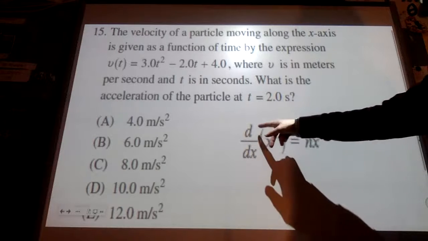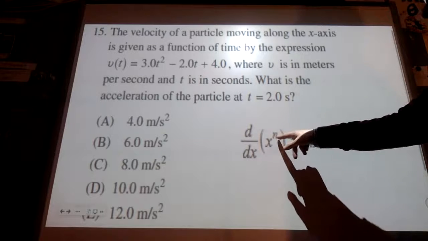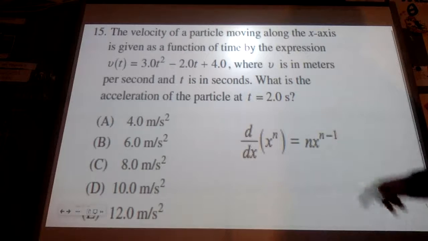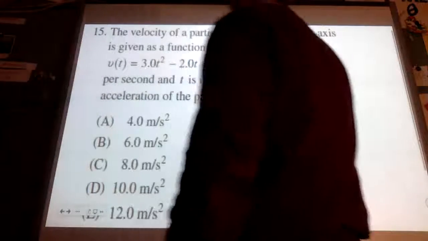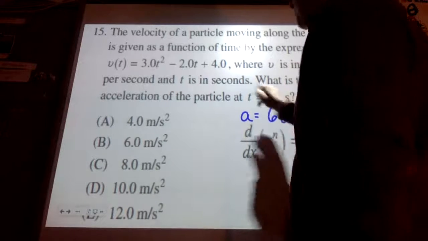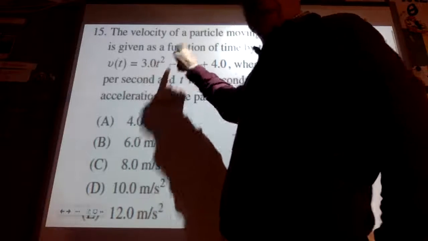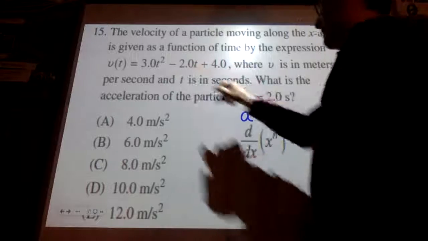And so when we take the derivative of x to a power of n, this is equal to n times x to the power of n minus 1. So applying this to my velocity, I get that my acceleration is 6t, because I would have 2 times 3, which is 6, then 2 minus 1 would be 1, minus 2.